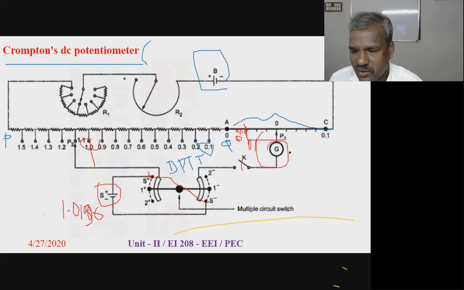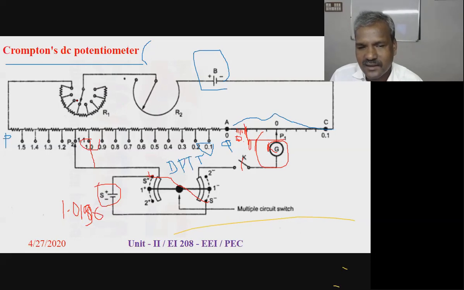Otherwise, you adjust this. If the deflection variation is very large, first adjust using R1. This variable resistor R1, and to get a very closer fine zero deflection, use the fine variable resistance this.